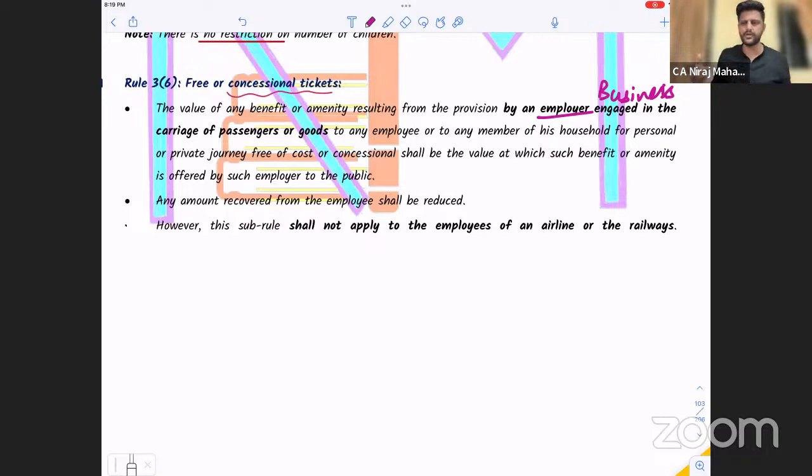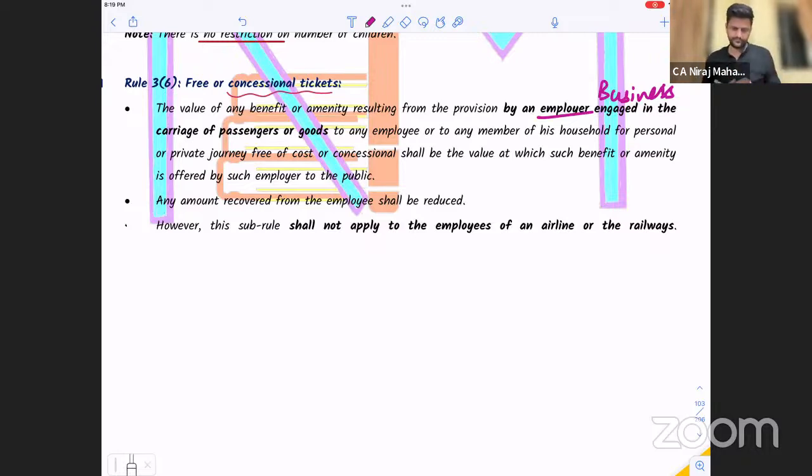Carriage of passengers: bus, railway, airways, waterways. The same you can use for transport of goods. So basically, the employer is in the business of transportation of passengers or goods. He may have a truck or a bus.